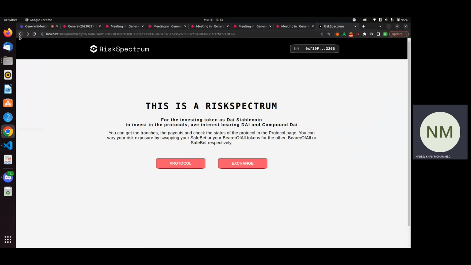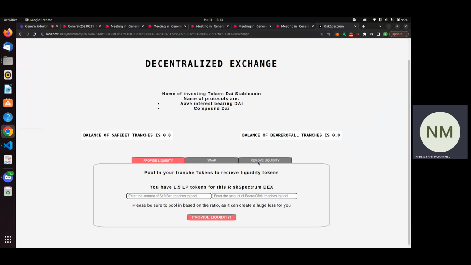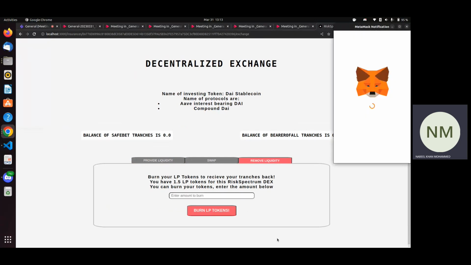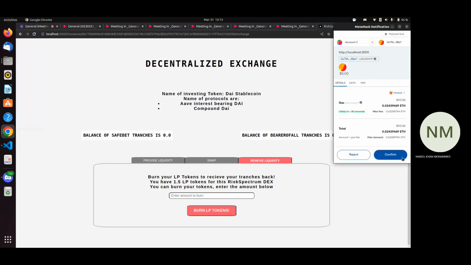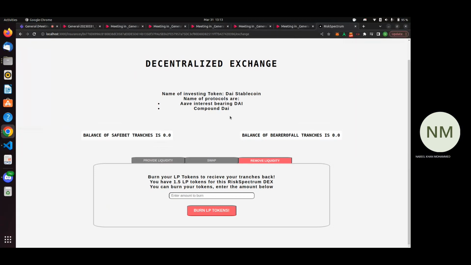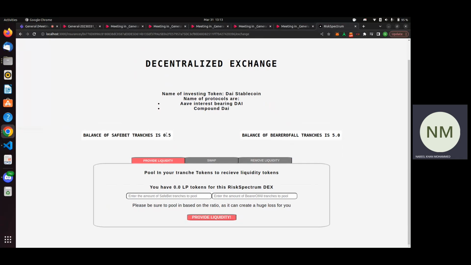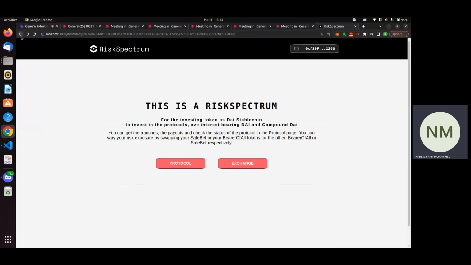Now, for completeness, I'll even burn all of the LP tokens that I have, and get the remaining amount of safe bets and bearer falls. So yeah, I've got like half a safe bet and 5 bearer falls. It's a very skewed ratio, but yeah.